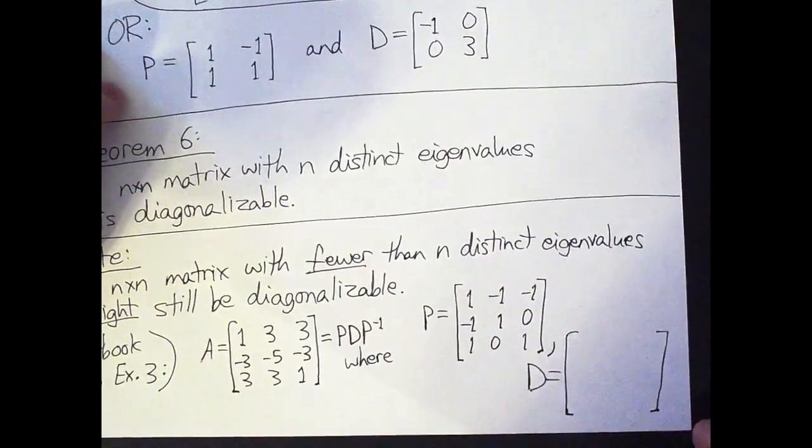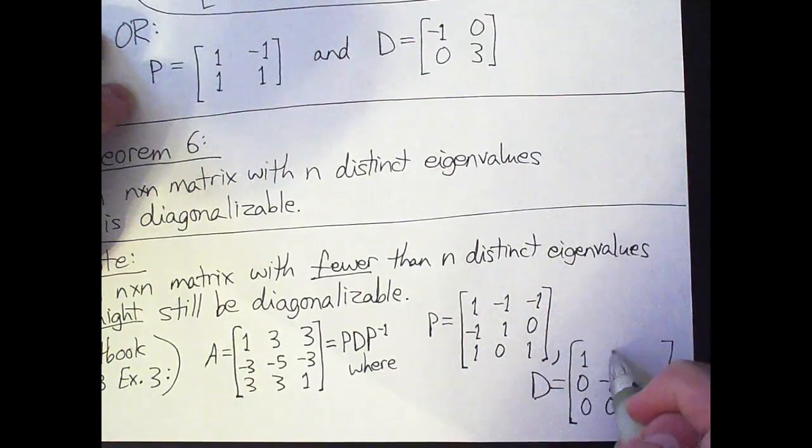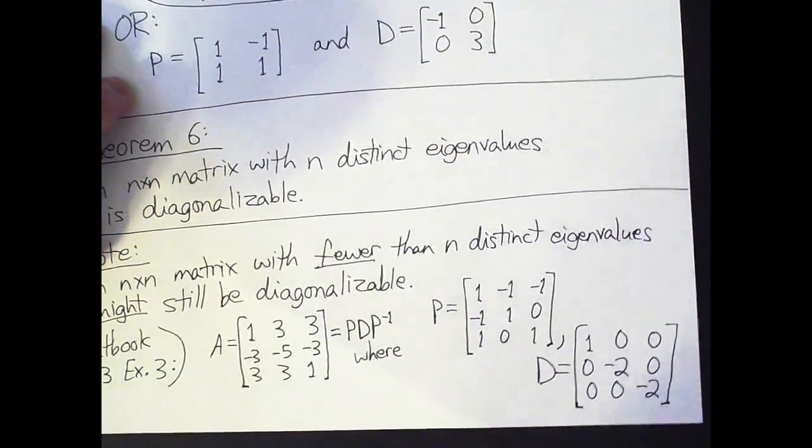But there's actually only 2 distinct eigenvalues. And the diagonal matrix has the repeated eigenvalue.